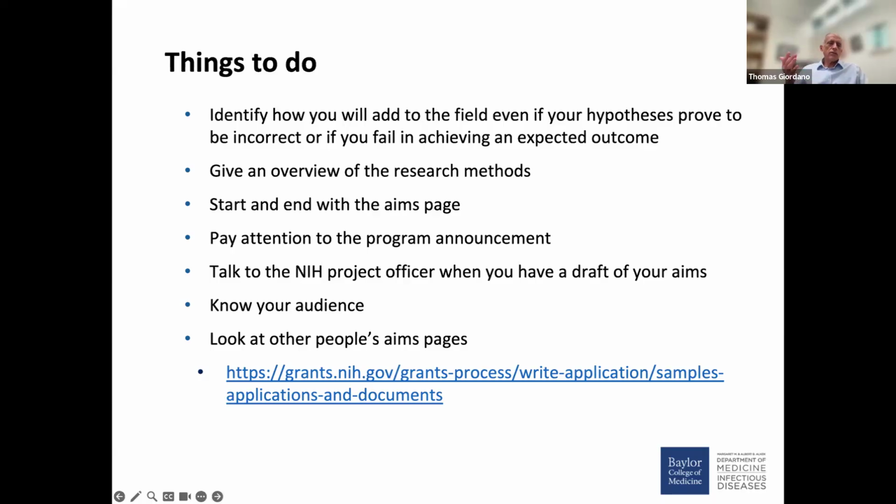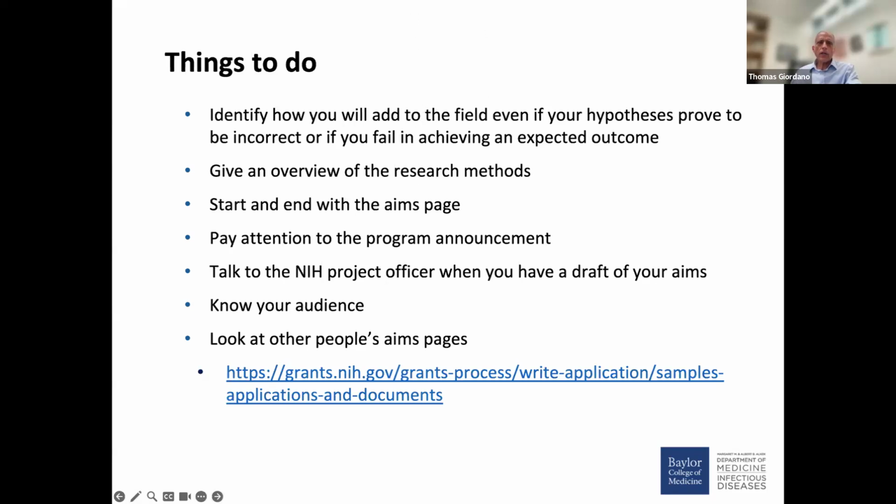If these hypotheses are not supported, we'll still learn X, Y, and Z, or we'll get critical data on the predictors of X, Y, or Z, or the factors that influence this outcome, or on the pathophysiologic pathway of whatever disease you're studying. So you're going to learn something even in a negative study. Your job is to figure out what that is, and then sell the reviewers that that's still important to the field.